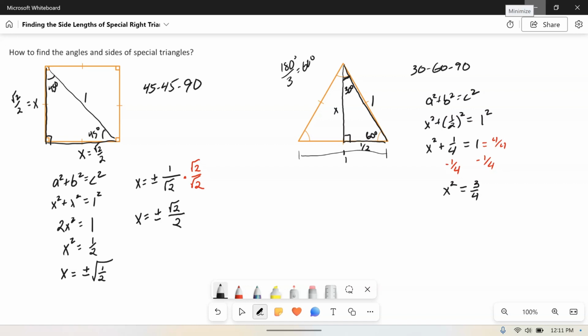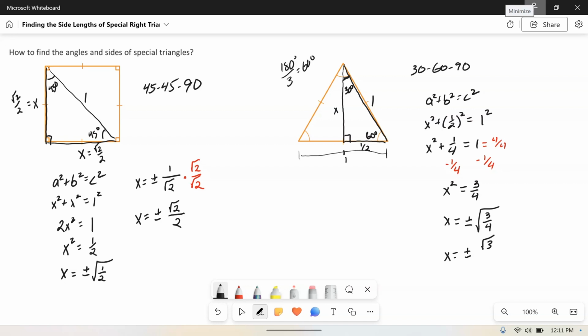Then to isolate x, we're going to take the square root of both sides. So x will equal, and again, when we take square roots of both sides of equations, we get plus or minus, so plus or minus the square root of 3/4. And just like we did before, we can split the square root up over the fraction. So the square root of 3 is, well, 3 is prime, so I can't break its square root down any further.